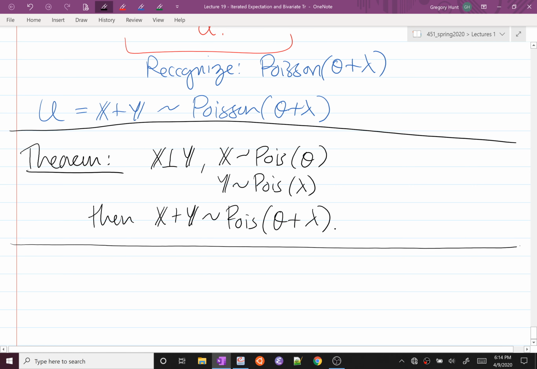Poisson theta plus lambda. So that's a very nice result.